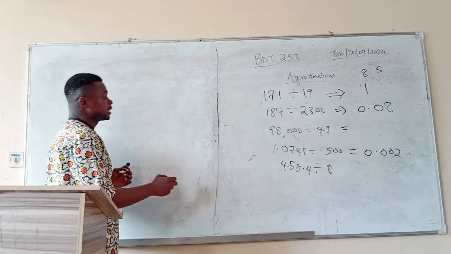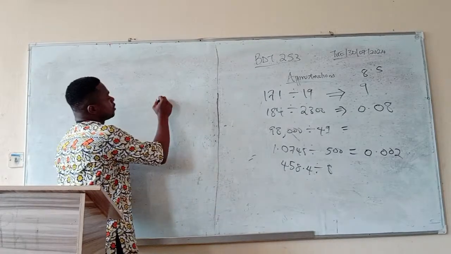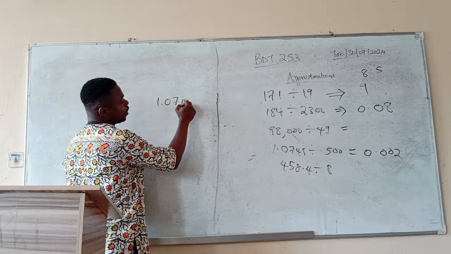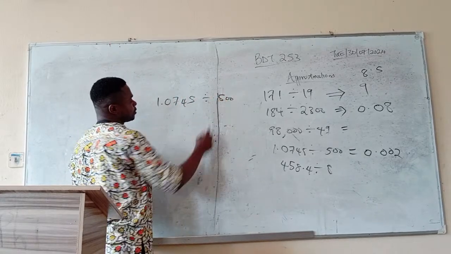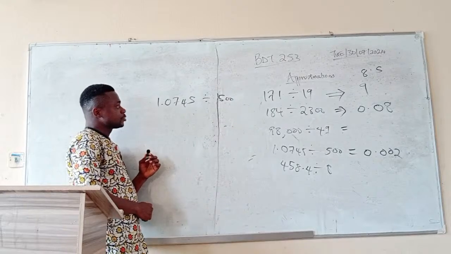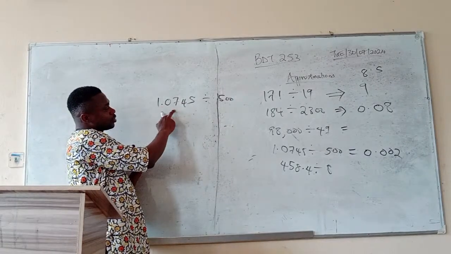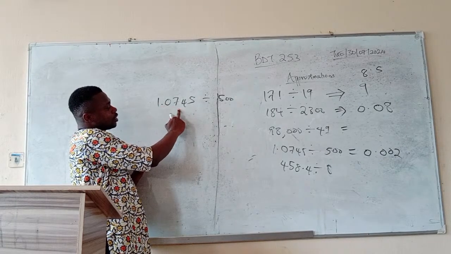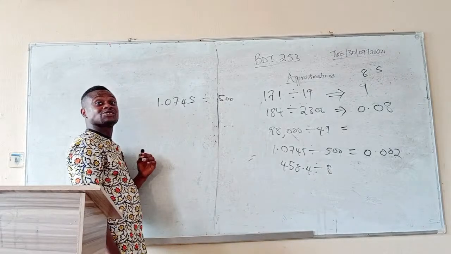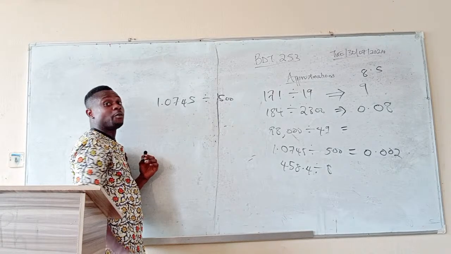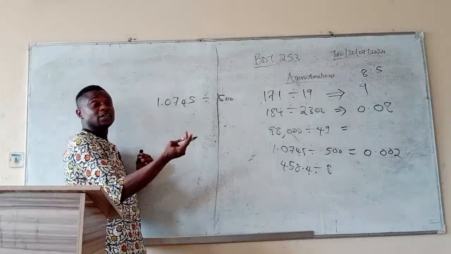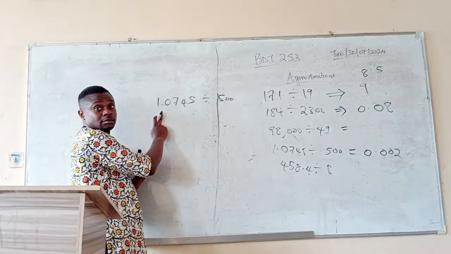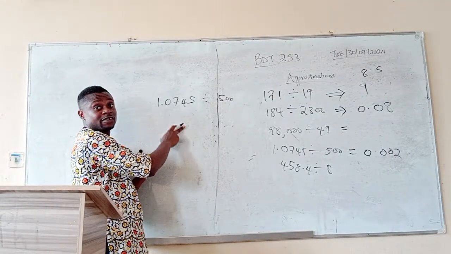1.0745 divided by what? 500. Now the idea is that we try to, in fact, we may not even pass through that stress, but it's good to do it to avoid confusion. Okay? I could simply call this thing 1 divided by 500, right?